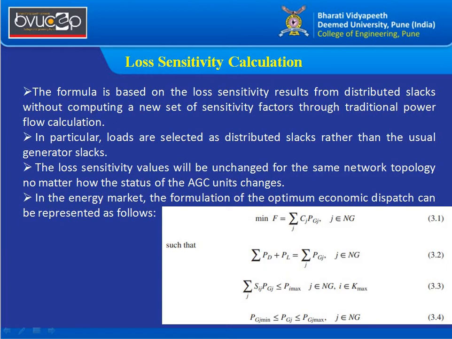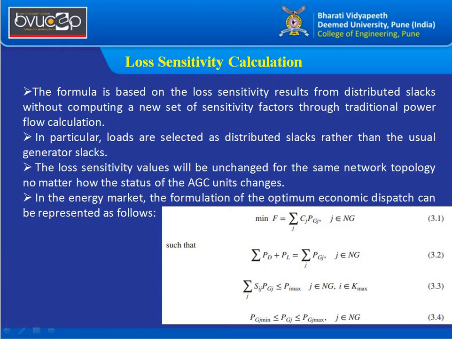There is no need to calculate a new set of sensitivity factors; whatever we get from the power flow calculation, we can use it. We will see that in generator shift factors and outage terms in upcoming slides. In particular, loads are going to be selected as the distributed slacks rather than the usual generator slacks.